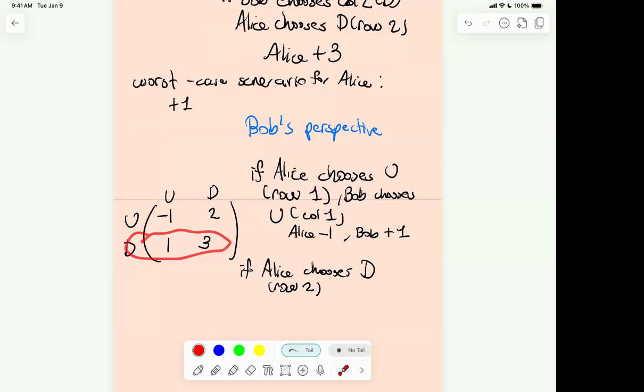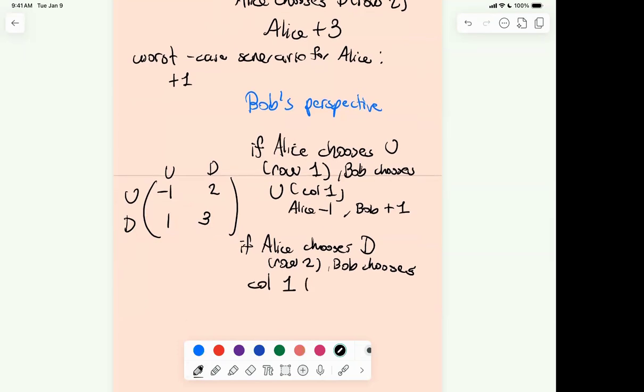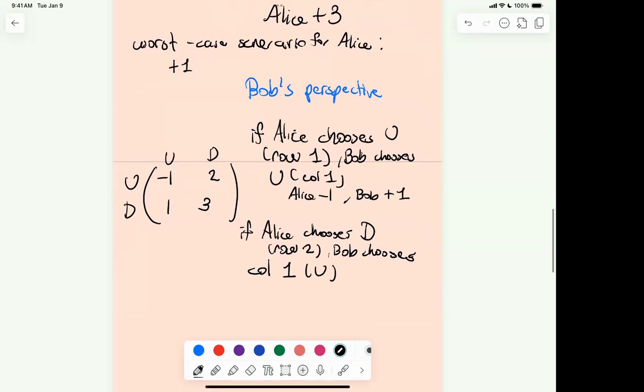Bob loves negative numbers. Here he doesn't have a negative number to choose from, so he has to go as low as possible, to minimize Alice's gain. So Bob would choose one, meaning column one, which is up. Where he chose column one, Alice ends up with plus one and Bob ends up with negative one.